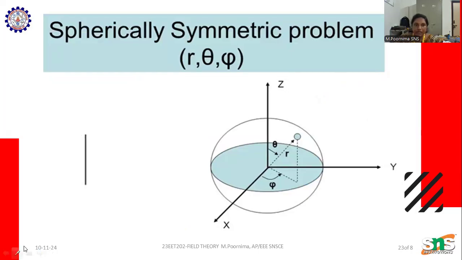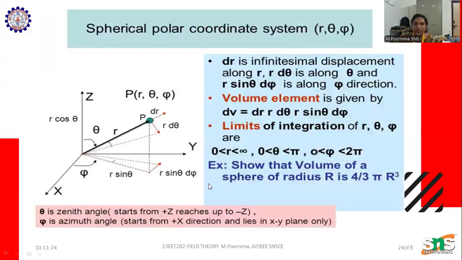In the spherical system, we take a particular point at a radius r, with an angle theta and an angle phi.